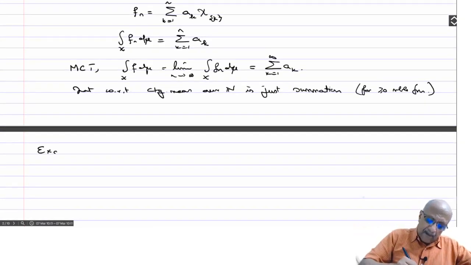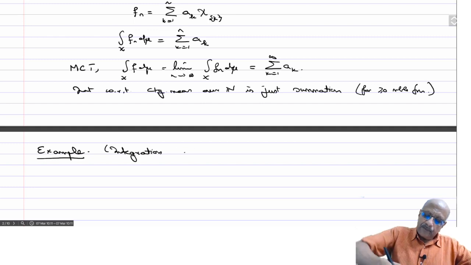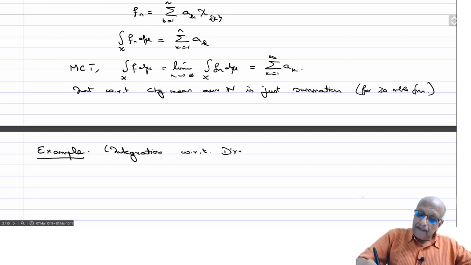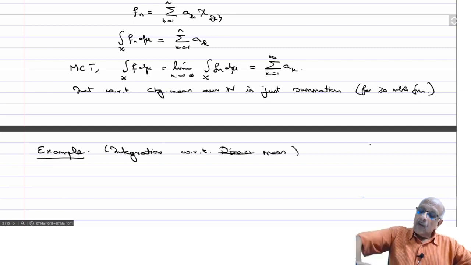Next example, we will have integration with respect to the Dirac measure. What is Dirac measure?